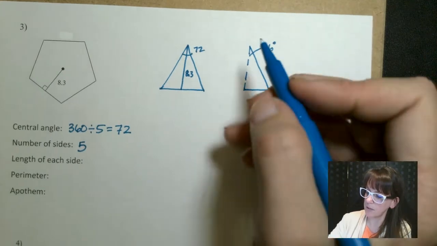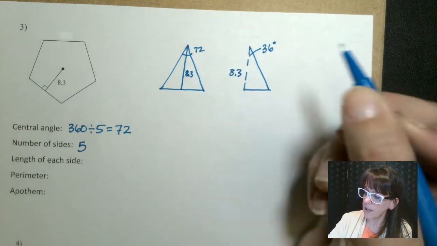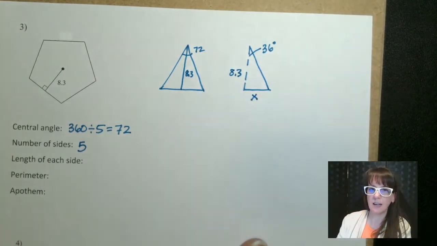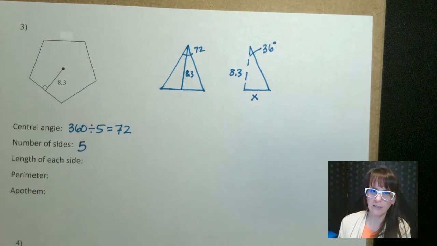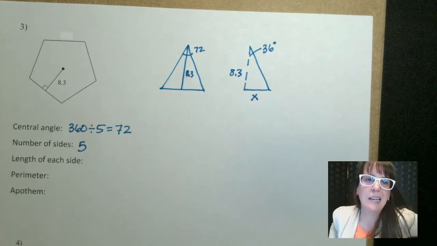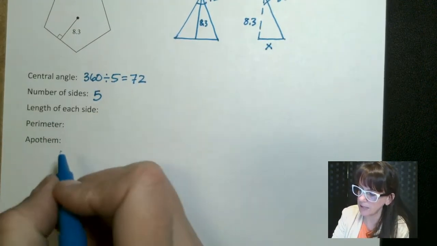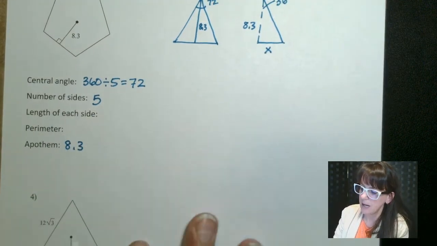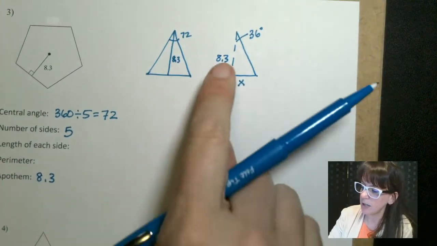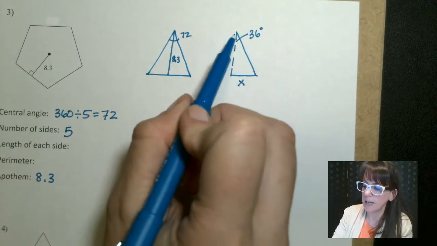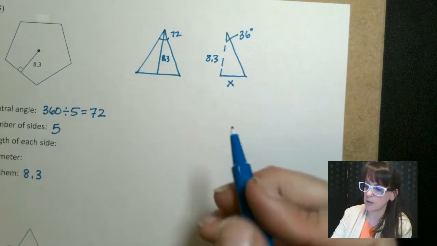Sometimes I just am not even thinking. So this is 8.3. What we need here again is the side, because if we get that, then we can double it and find the length of one side, and that'll help us find our perimeter. So our apothem we already know is 8.3. We're not involving our hypotenuse, so we're going to use tangent.